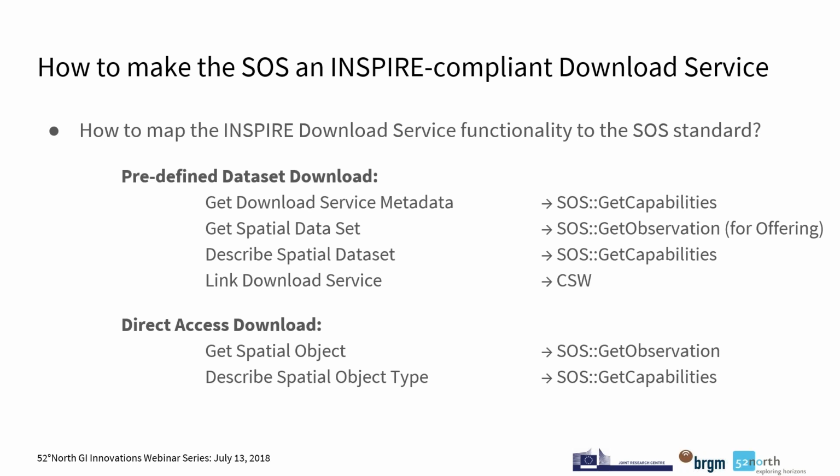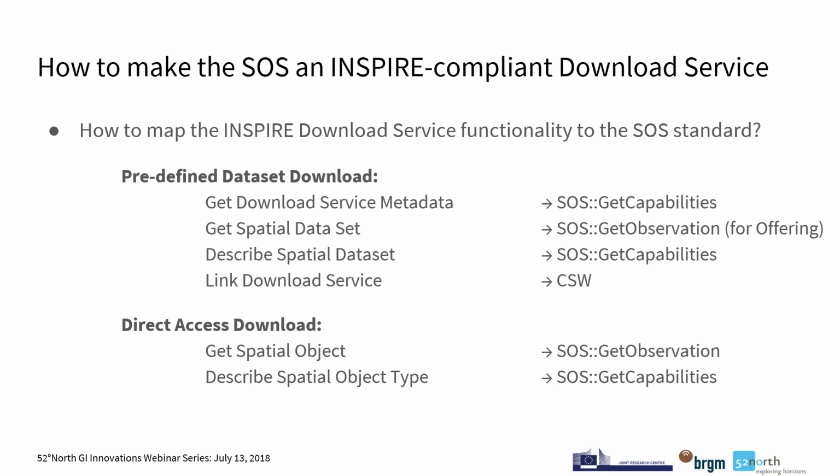And then for linking to the SOS as a download service, you can use the catalog service. So that's the predefined dataset download, which is mandatory, which can be quite easily covered by the SOS.